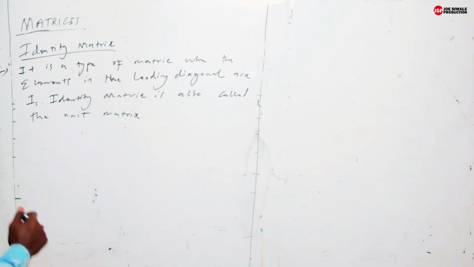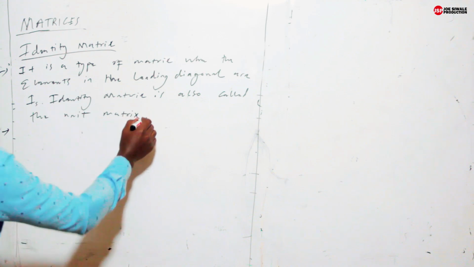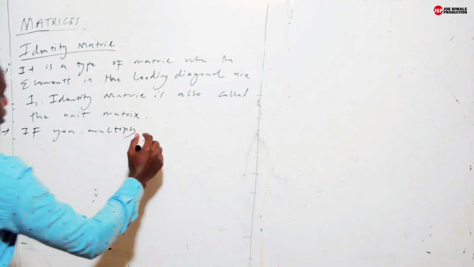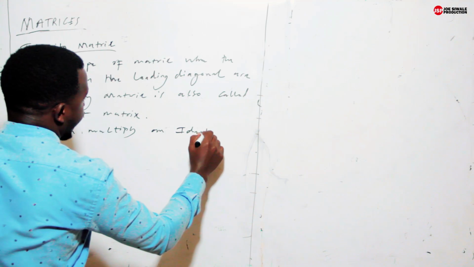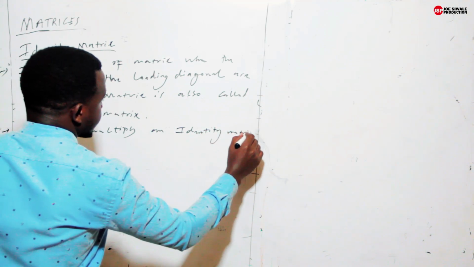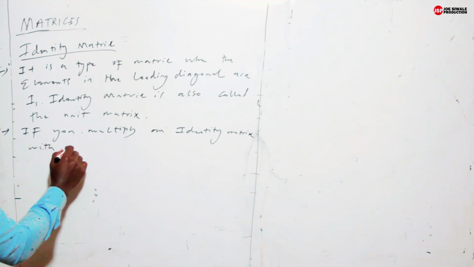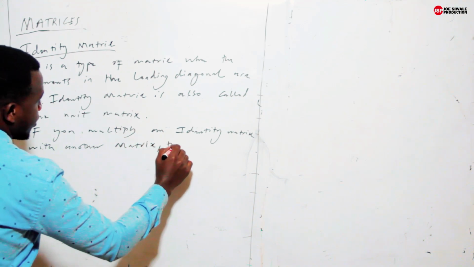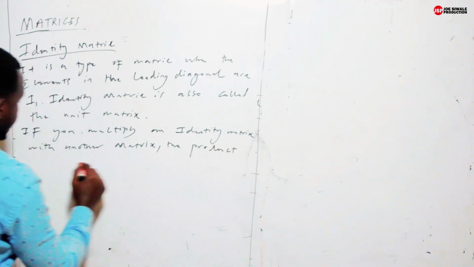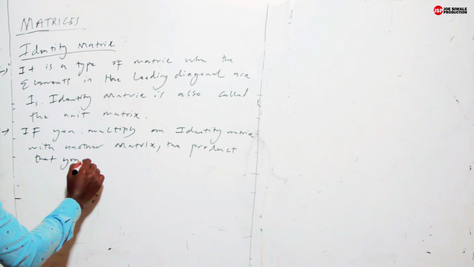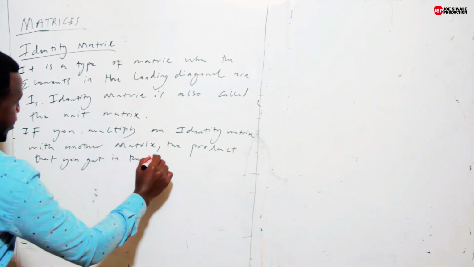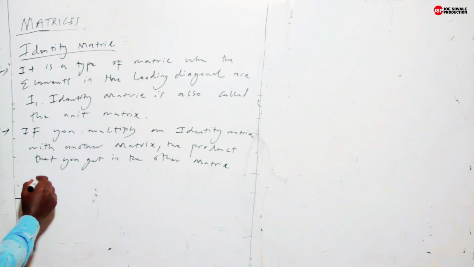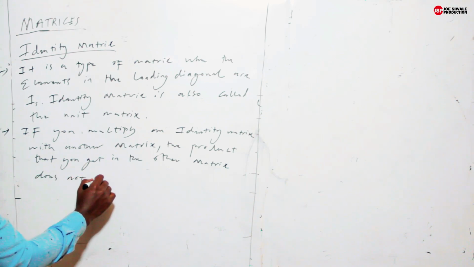So what I mean is that if you multiply an identity matrix with another matrix, the product that you get, the other matrix does not change.